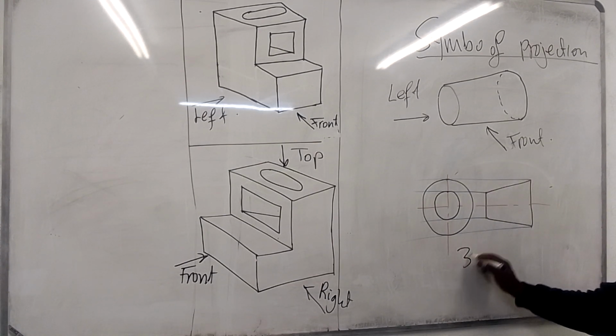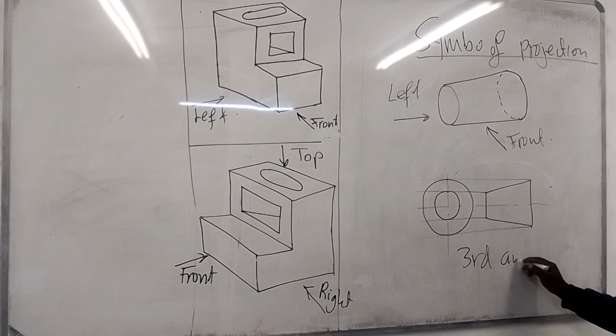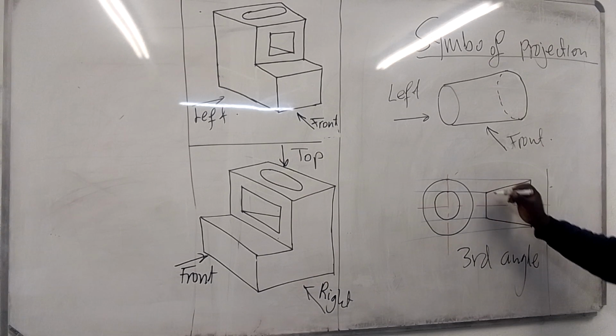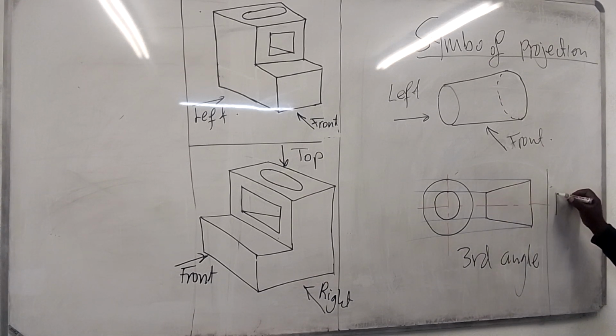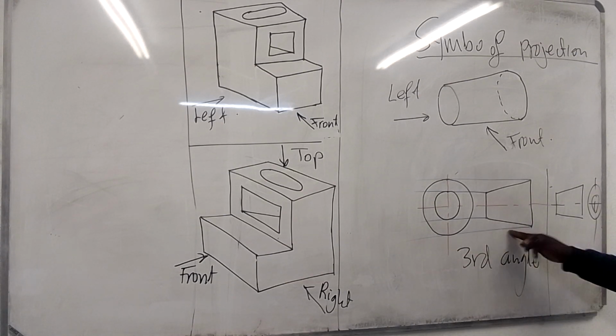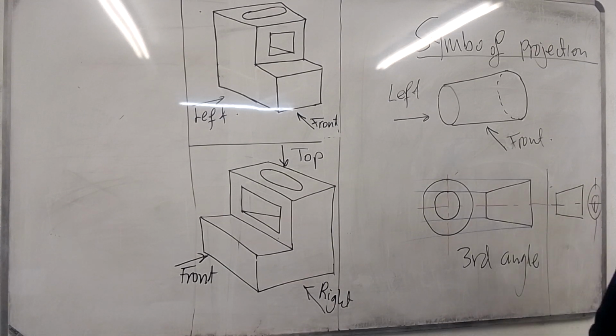So this is third angle. First angle, you just swap. Then the circles will be this side. That is the first angle. This is third angle. So third angle is extracted direct from the component.